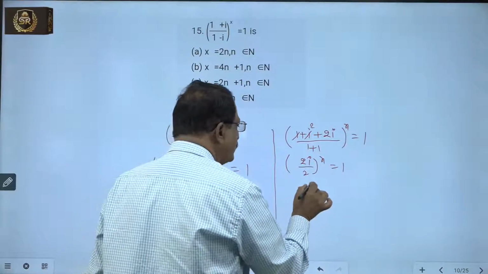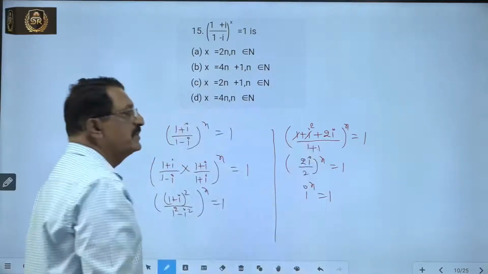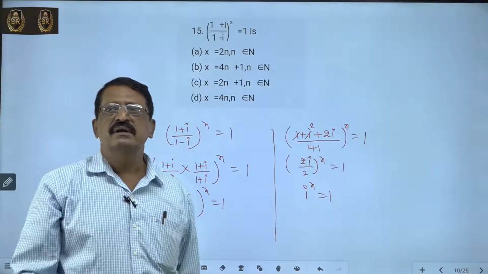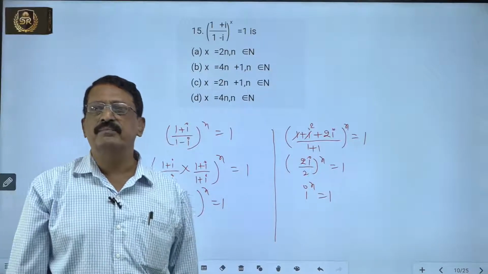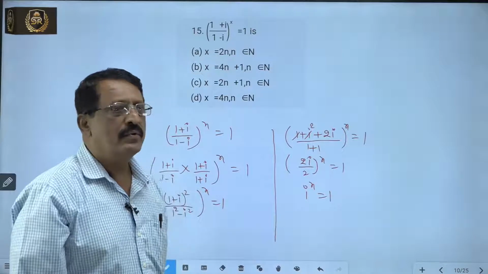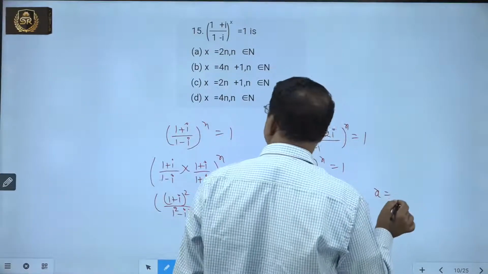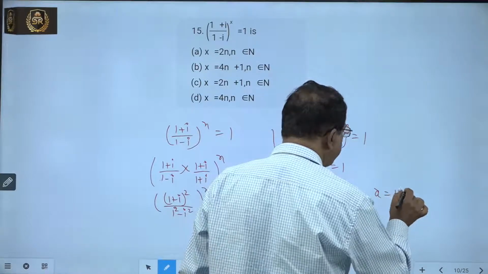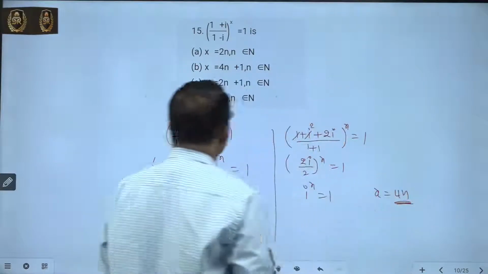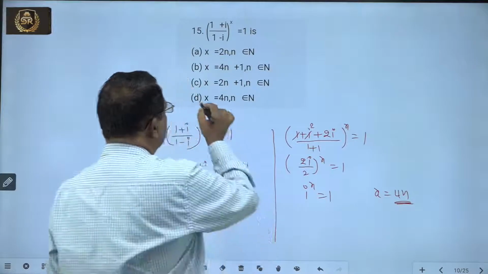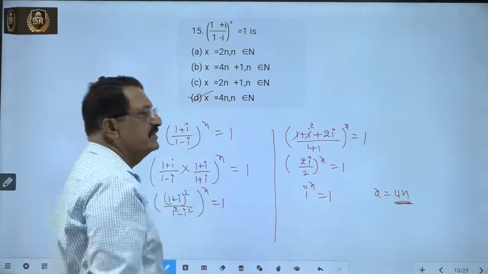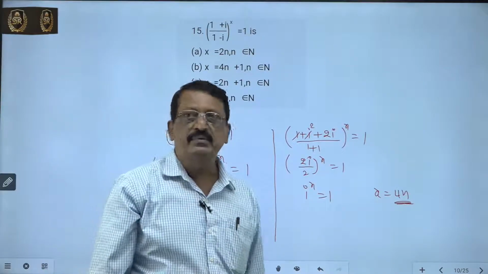Now i to the power of x equals 1, but compulsorily x is a multiple of 4, an integer. Therefore x equals 4n, where n belongs to natural numbers. Now the fourth option is correct.